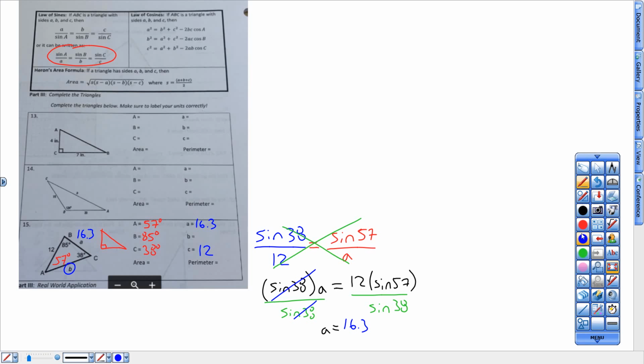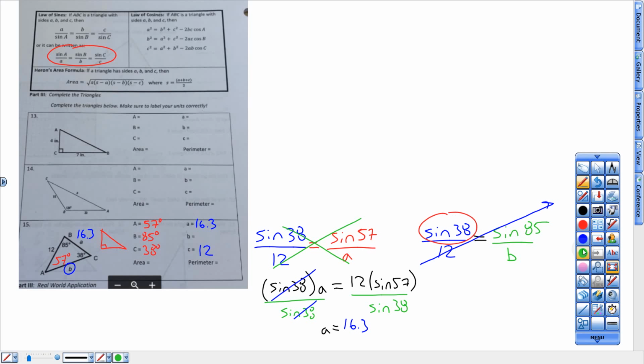Sine of 38 over side C, that's sine of angle C over side C, and of course side C is 12, so put a 12 right there, equals the other one I'm looking for, sine of 85 over little piece B. And again, looking at this, you're going to times 12 and sine 85 and then divide it by sine 38 right there.